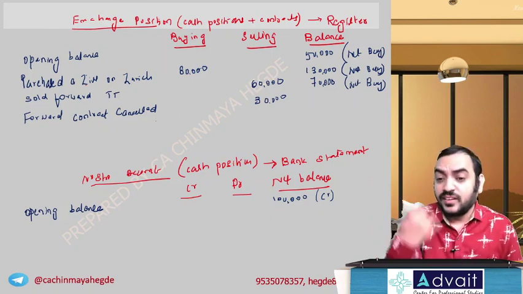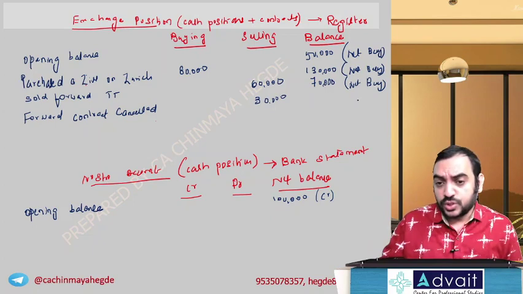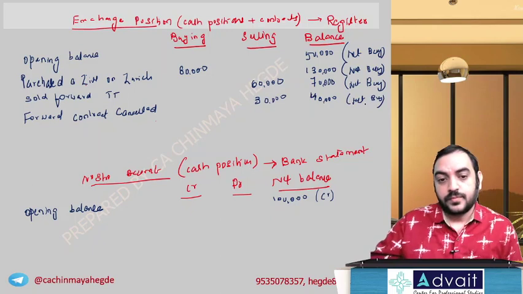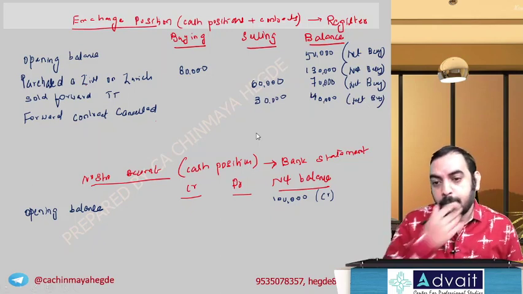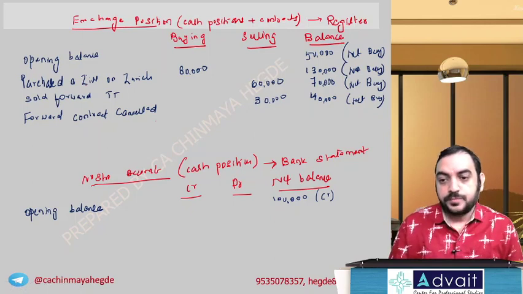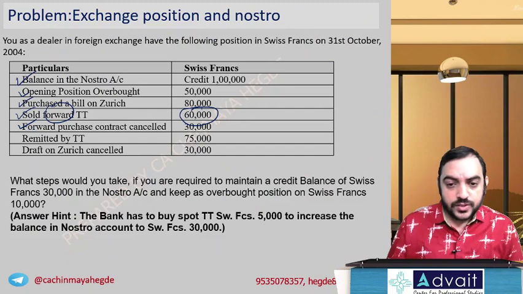Now contract cancelled. So that balance will reduce. So 70,000 net buy was there. Minus 30,000 means now you are having only 40,000 net buy. Okay. So this also done.